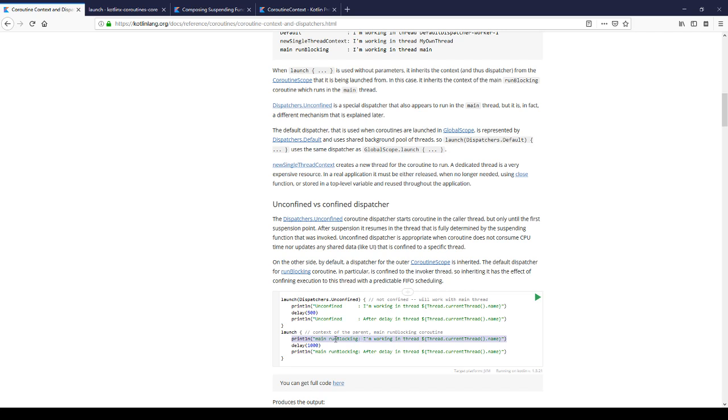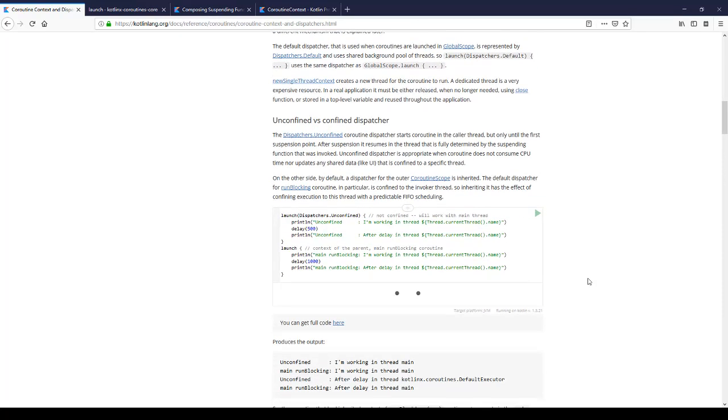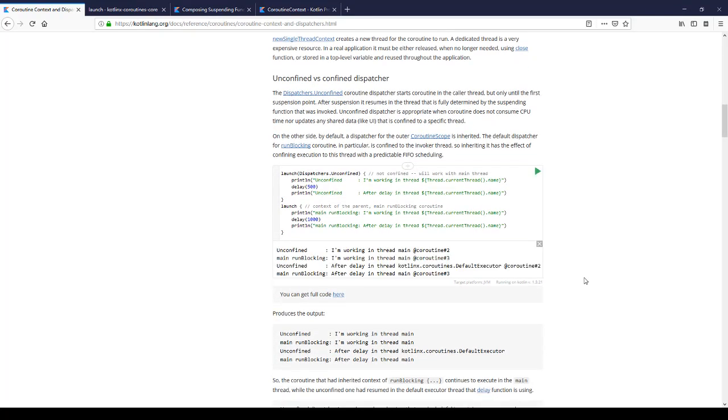So I'm expecting I'm working in thread main, then I'm working in thread main again. Oh, actually I would expect I'm working in main thread, I'm after delayed in thread main, and this and this. That's what I'm expecting. And nope, I'm wrong, totally wrong. So this is executed first. This is indeed true.